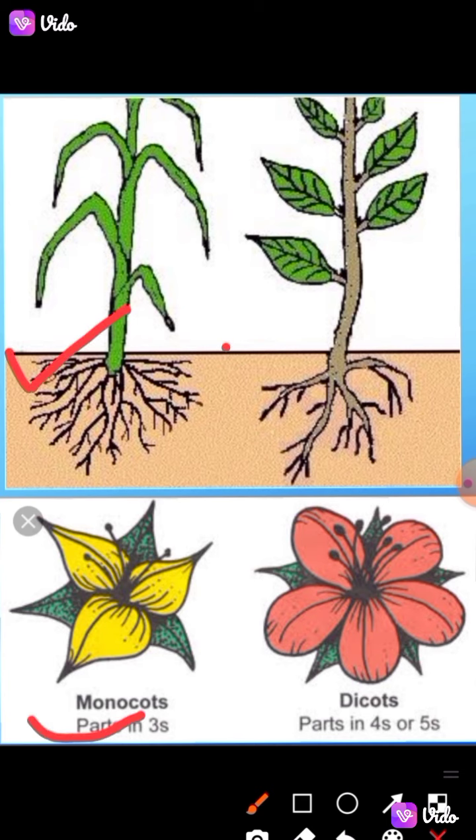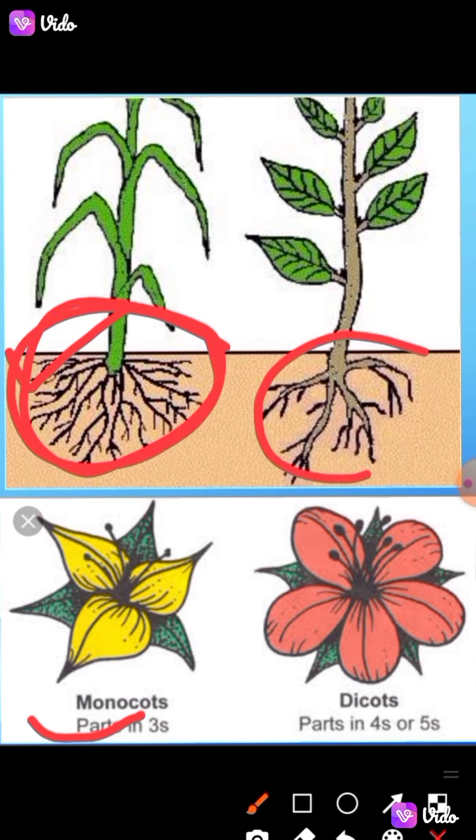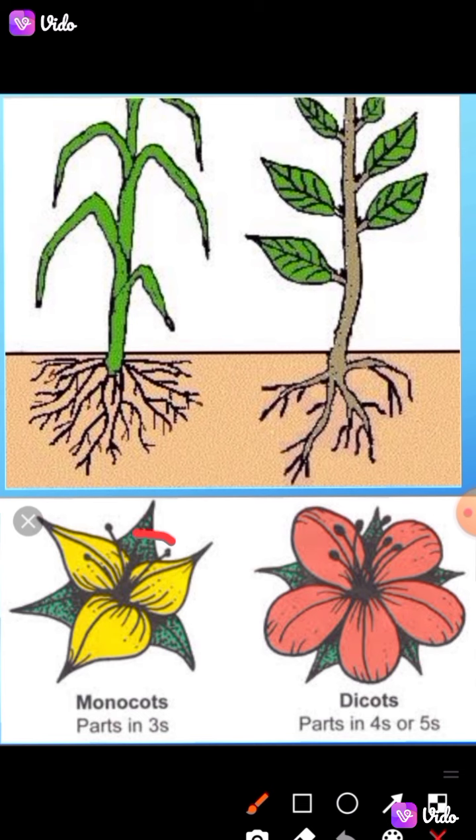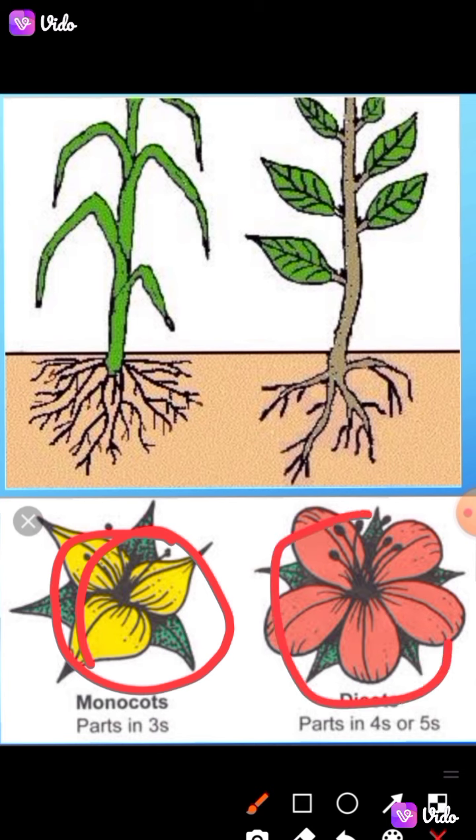In monocotyledons, they have the fibrous root system, whereas in dicotyledons, they have the taproot system. In monocotyledons, flower petals are arranged in multiples of 3, and in dicot plants, the flower petals are in multiples of 5 or equal to 5.